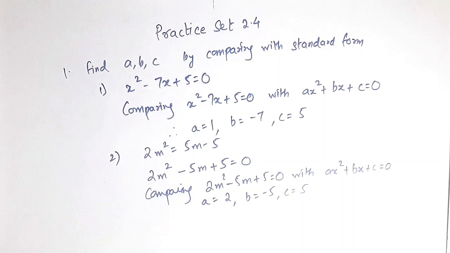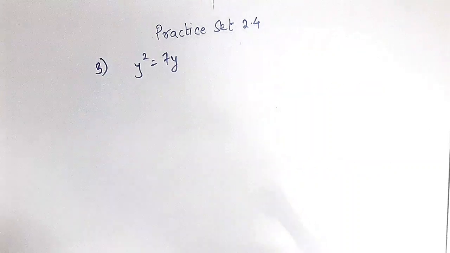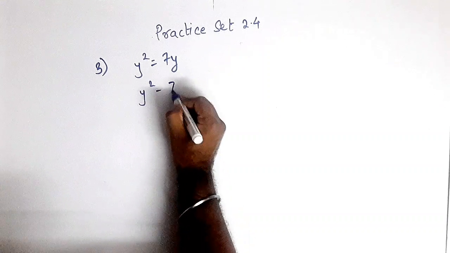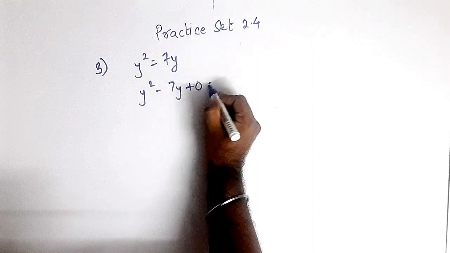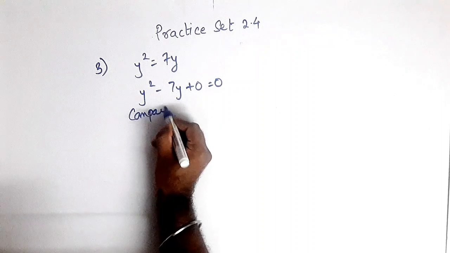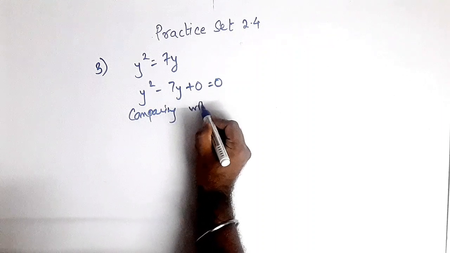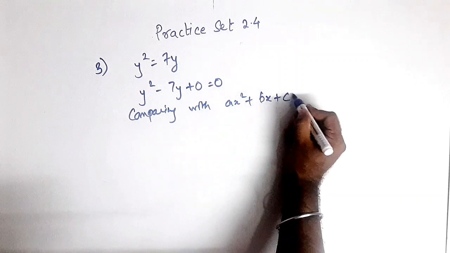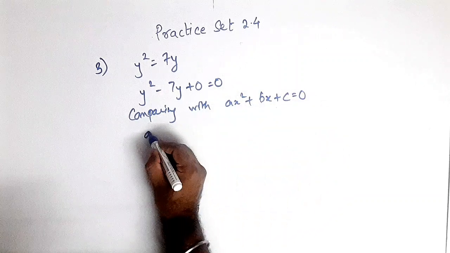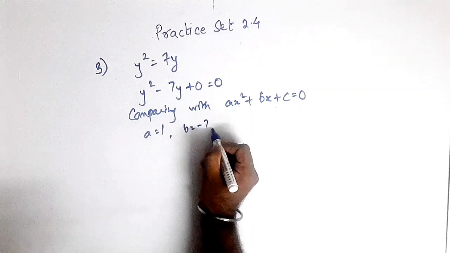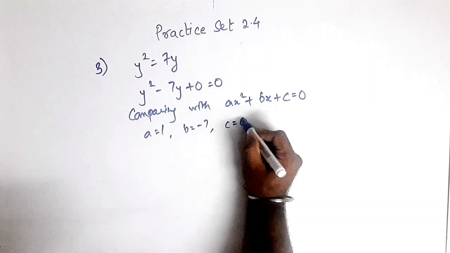Then coming to the third one. Third one is y square equals 7y. So I'll first arrange it like this: y square minus 7y plus 0 equals 0. Comparing with ax square plus bx plus c equals 0, a is 1, b is minus 7 and c is 0.